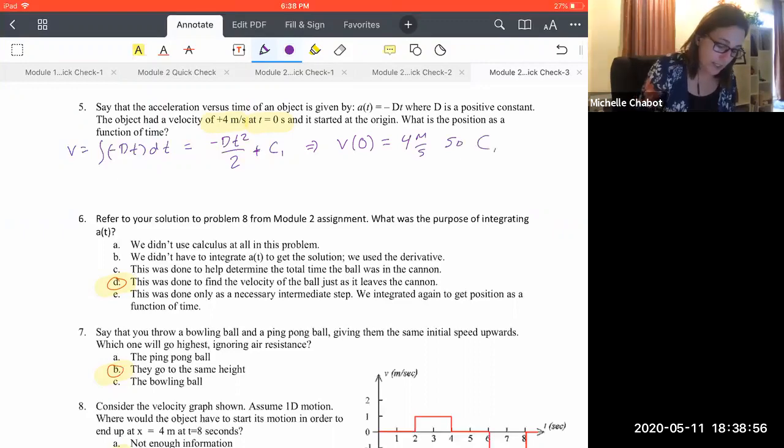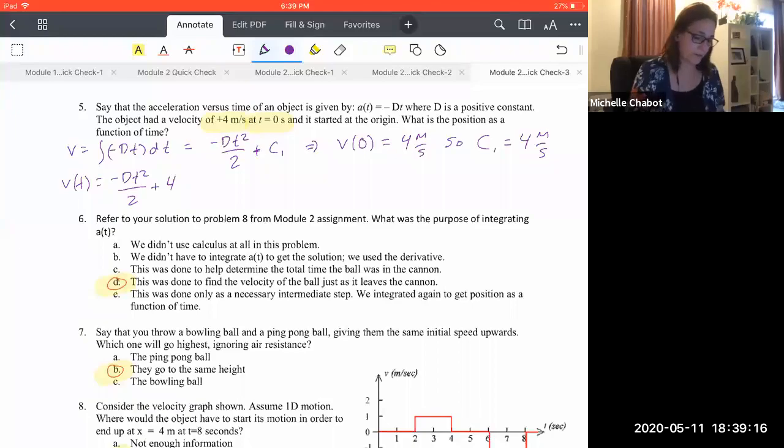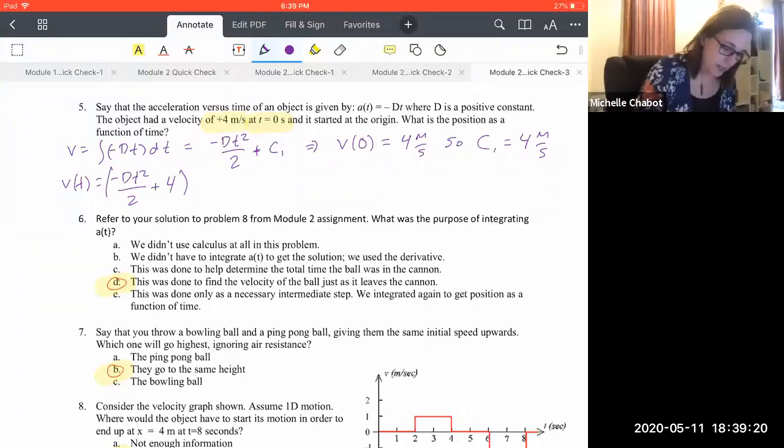If I plug in 0 for t in my equation for v, then I find that C1 equals 4 meters per second. So I can then write v as a function of t equals negative D t squared over 2 plus 4. And now I'm ready to move on and find my position.